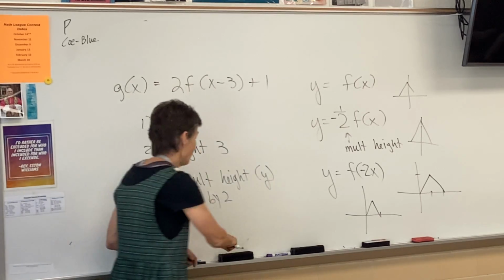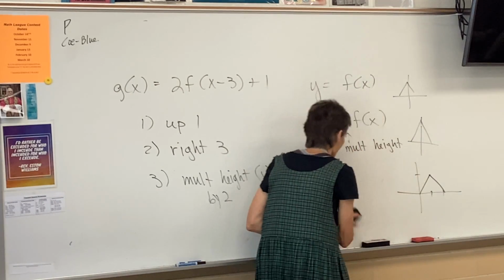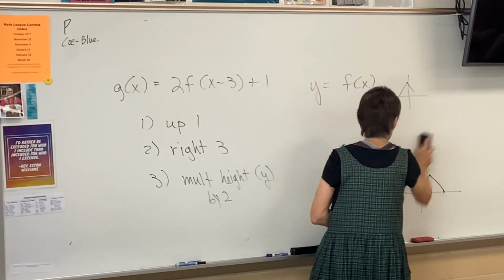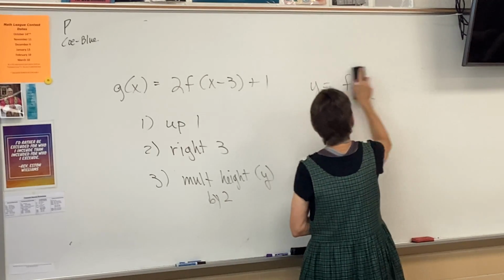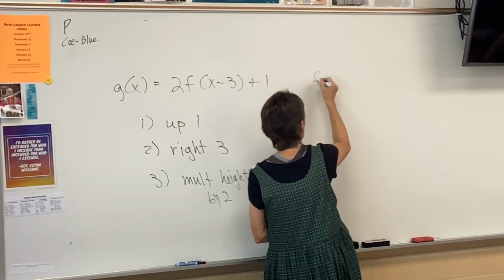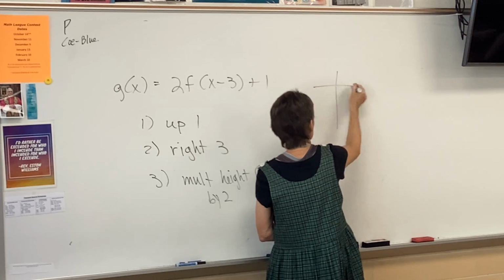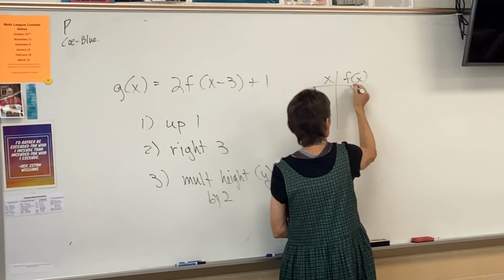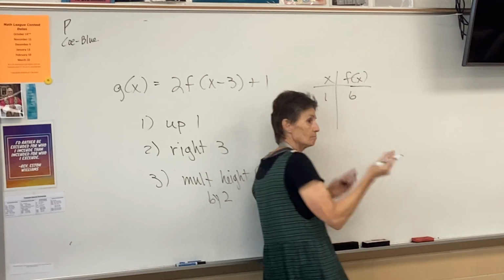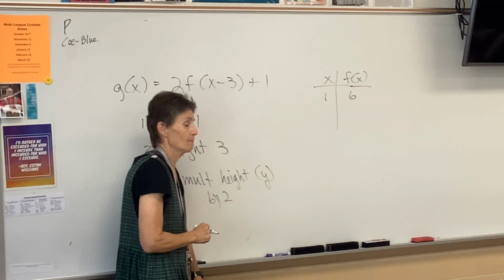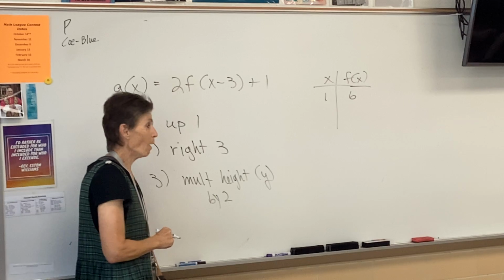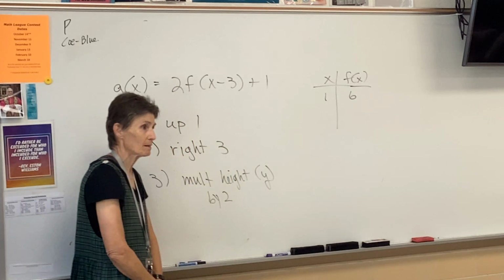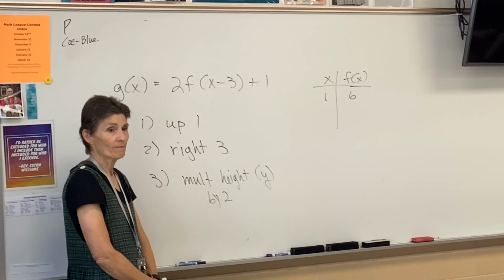So for example, I don't know what function f looks like, but let's say function f contains the point 1, 6. That's on function f. What would be the corresponding point on function g?